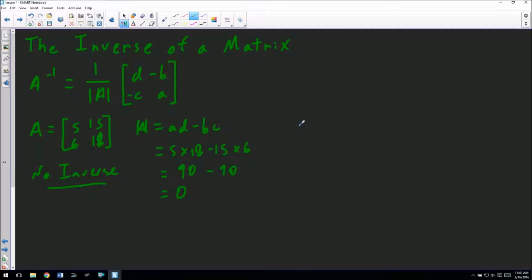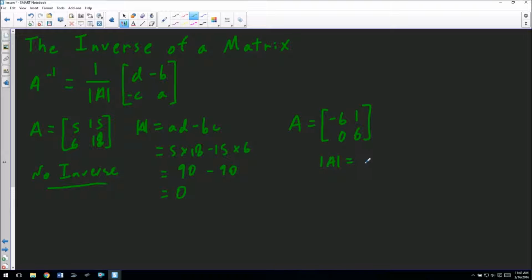So let's do an example of another matrix that actually, well, we'll see if it works. So we get negative 6 and 1 and 0 and 6. So we're going to just test the determinant. If the determinant is not equal to 0, we are going to be able to find the inverse.